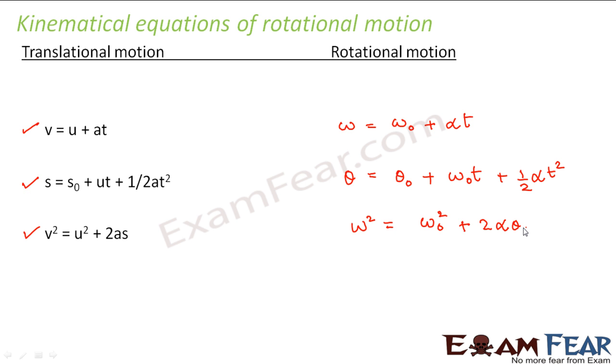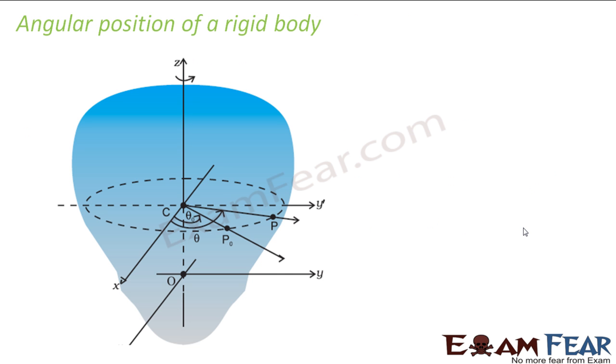So at any instant of time, if we know its angular displacement and its angular velocity, we can describe its motion completely. Right? Okay. So this plot clearly shows the angular position of a rigid body. Whenever we talk about a rigid body, we have so many particles inside it. Let us consider this particle P naught. Initially it is at some position P naught, and the initial angular displacement is denoted as theta naught.